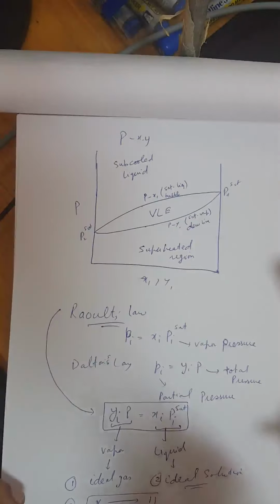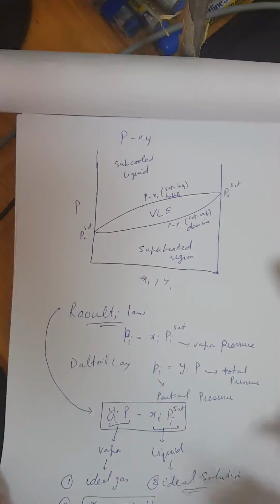So let's talk about what an ideal solution is. Based on this equation, we will solve the problem. Before that, we can talk about ideal solution. The ideal solution is a solution that you can compare with other solutions. Of course, no solution is truly ideal, but if you mix two components like methanol and ethanol, they belong to the same family. So their molecular size, molecular shape, molecular properties, dimensions, all are exactly the same.